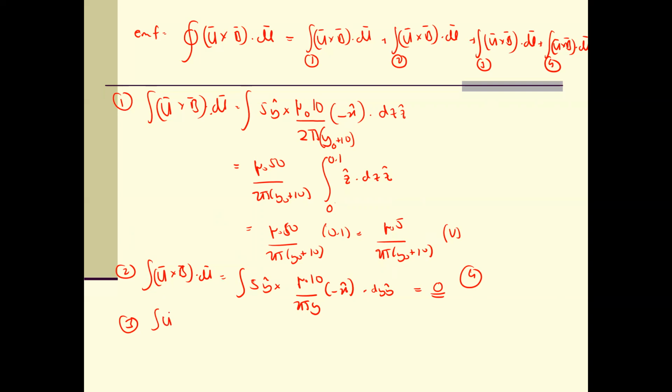So we're going to have u cross b dot dl. Okay, and then we're going to have the cross product of u with the b, which is mu naught times I0 over 2 pi y naught in the negative x direction. Okay, and the dl will be dz in the z direction.